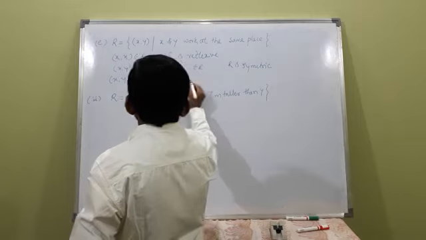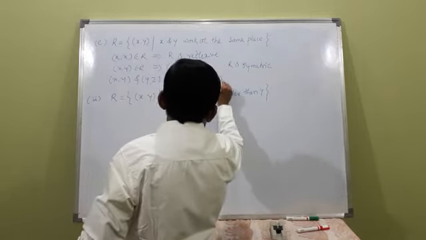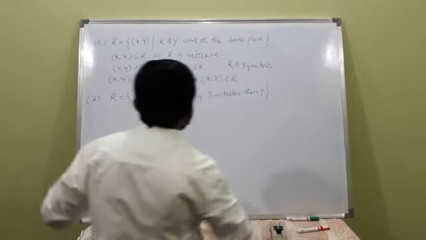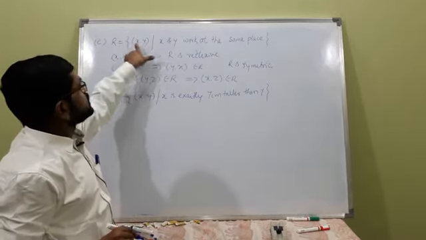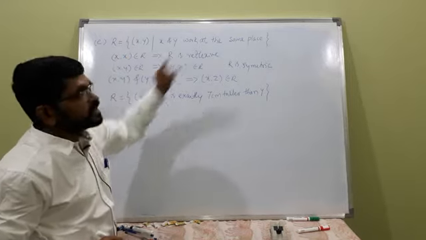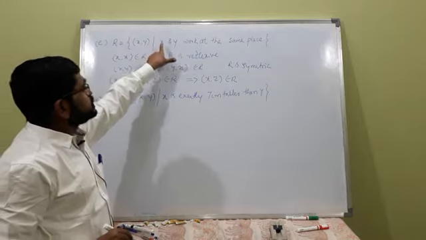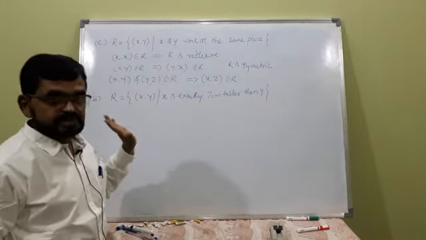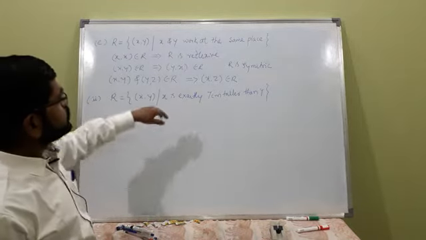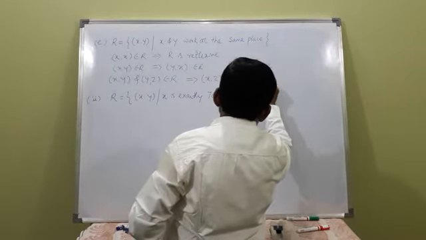So, this implies (z, x) should also belong to R. That is the definition of the relation. So, R is transitive.